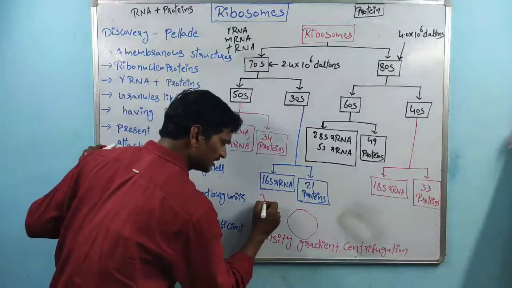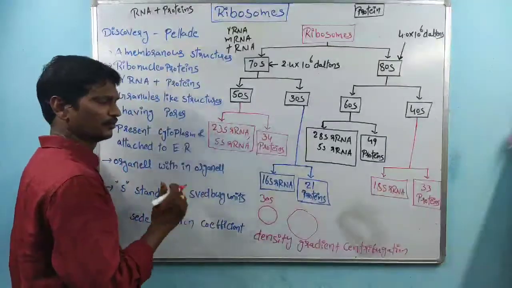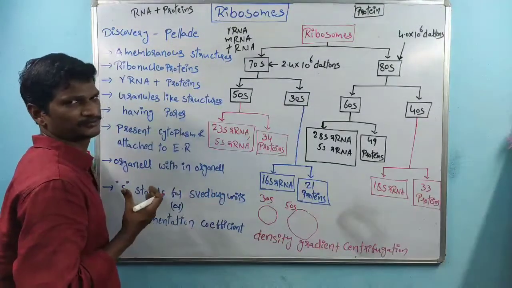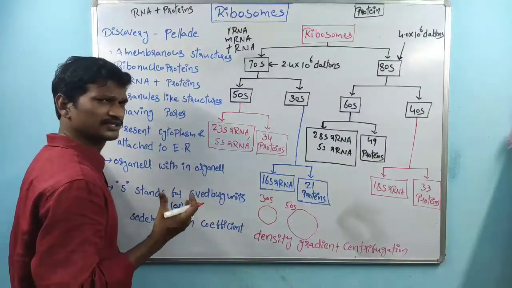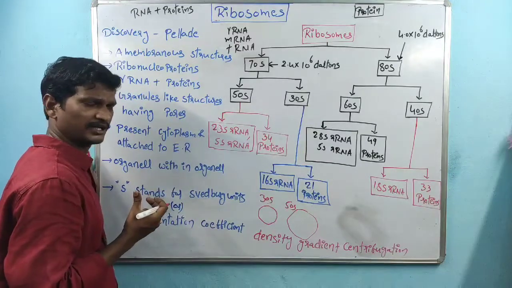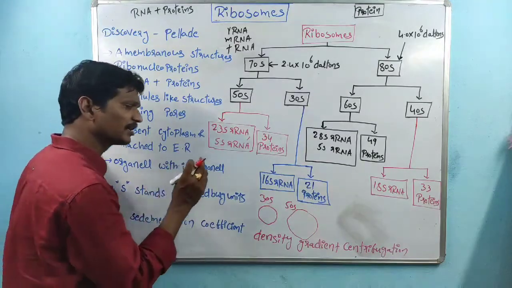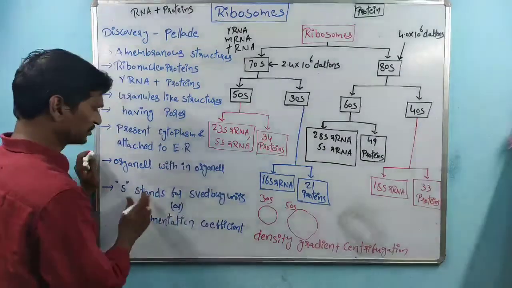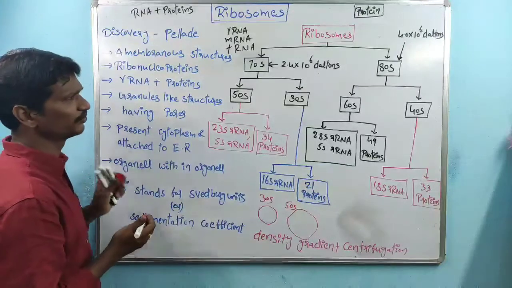For suppose this is the 30S subunit, the size is small. For suppose this is the 50S subunit, the size is large. So based on the size and the shape, the ribosomes are separated here, right? Small size, low Swedberg units; large size, high Swedberg units. So S stands for the sedimentation coefficient.